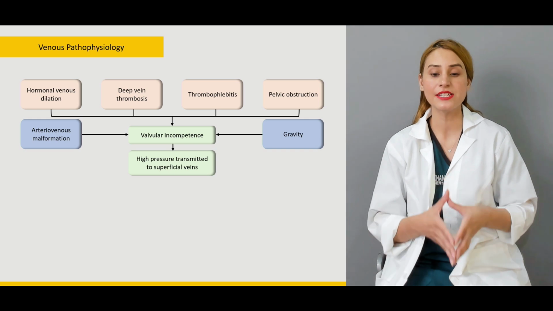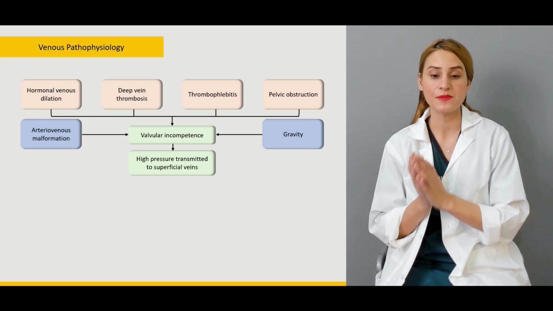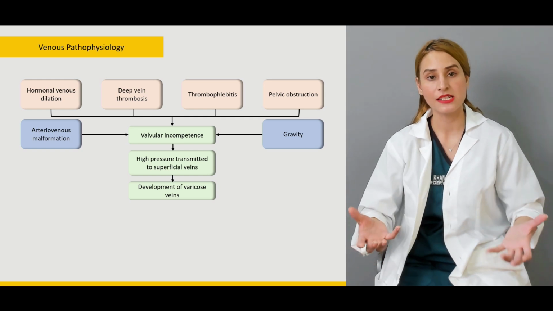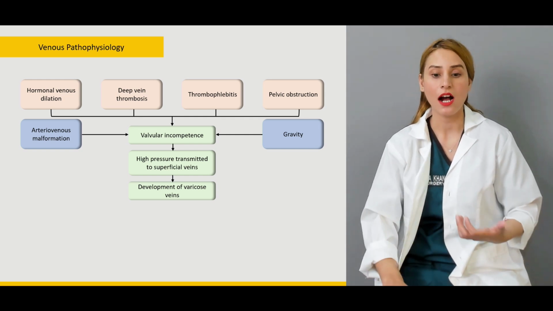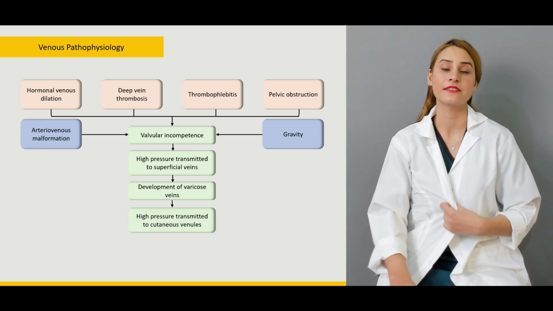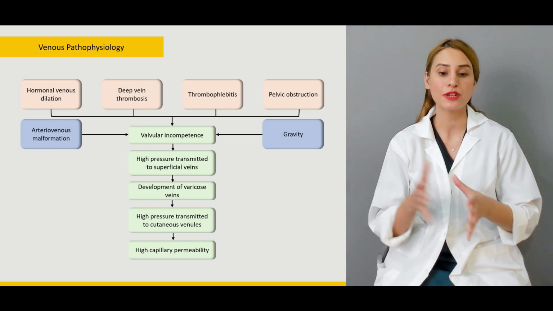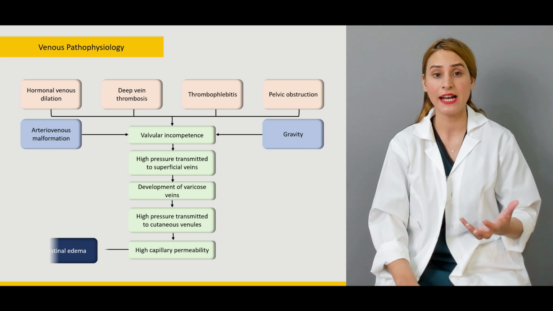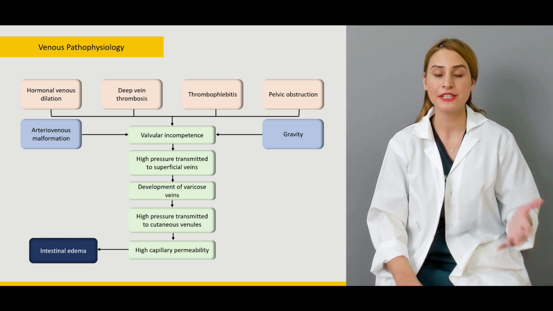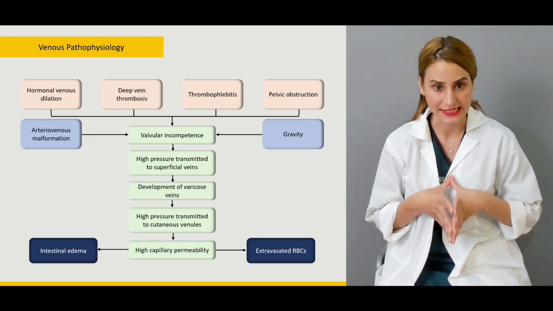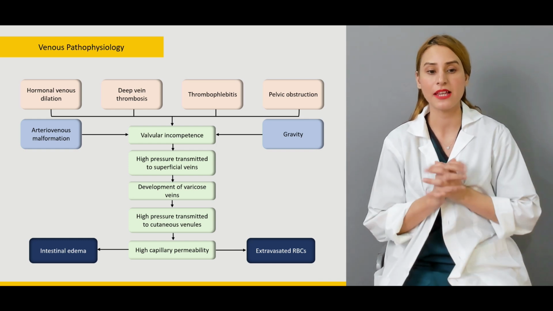This will lead to the high pressure being transmitted to the superficial veins, and because of the high pressure, obviously there would be varicosities, dilated tortuous channels. The high pressure is transmitted to the cutaneous venules, and that will lead to high capillary permeability, interstitial edema and also extravasated RBCs. So this is basically the venous pathophysiology.